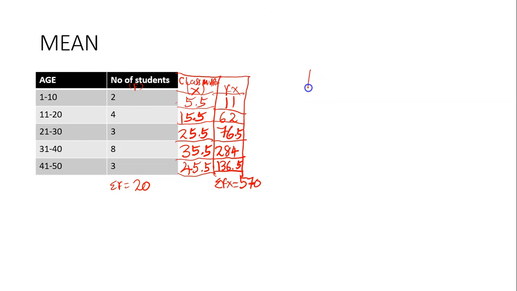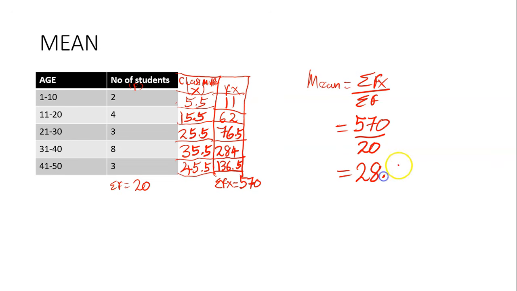So to compute the mean is sum of fx divided by sum of f. So what is sum of fx? 570, isn't it? Then what is sum of f? 20. So you can compute this, and then you get what? 28.5.